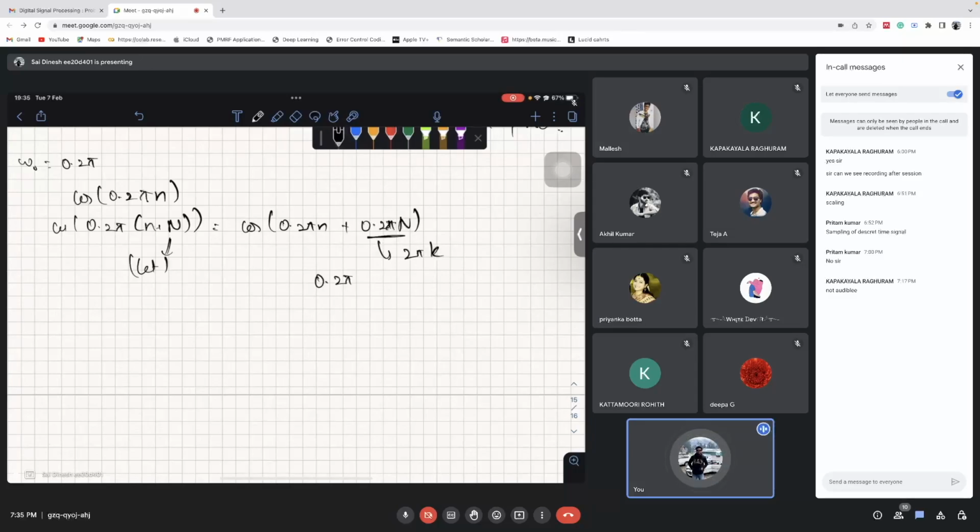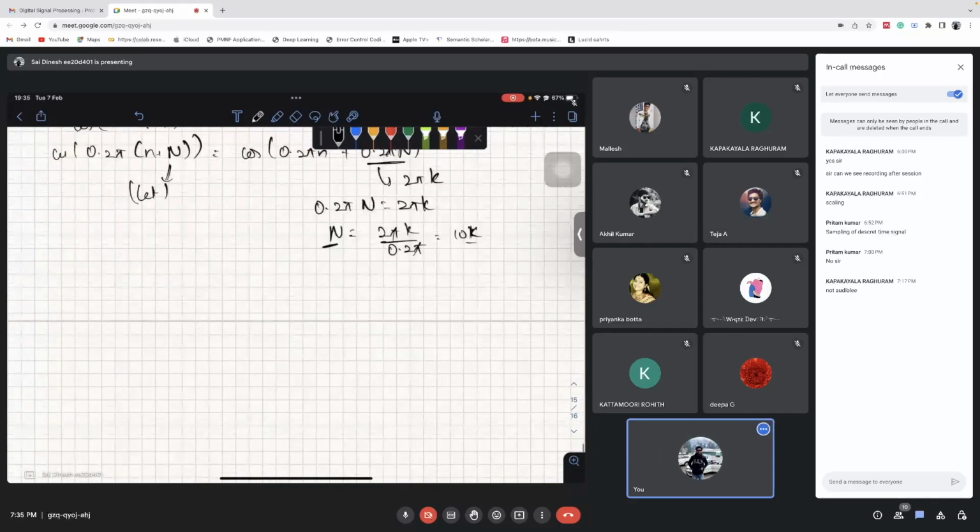So 0.2 pi N equals 2 pi k, so N equals 2 pi k divided by 0.2 pi, which is 10k. The least integer value of k for which N is an integer is k equals 1 and N equals 10. So N equals 10 is the period of cos 0.2 pi n.